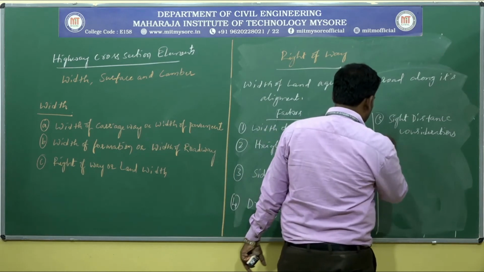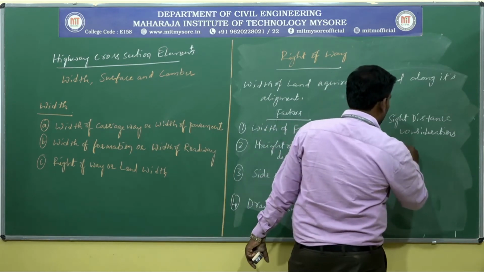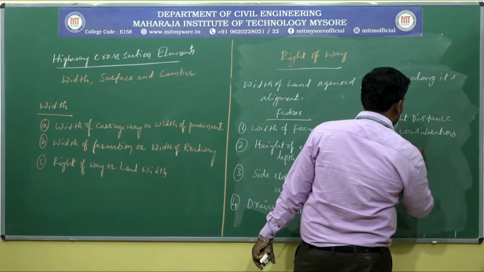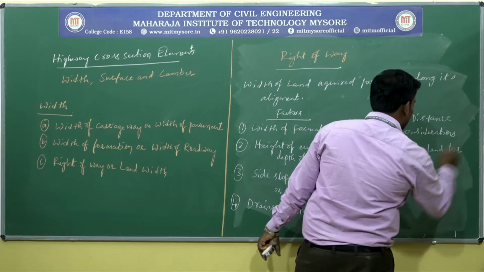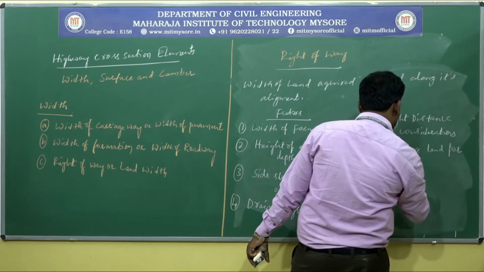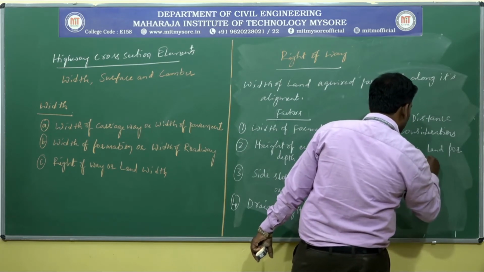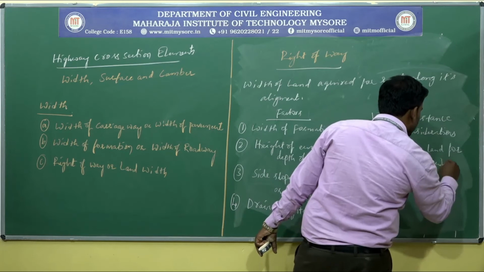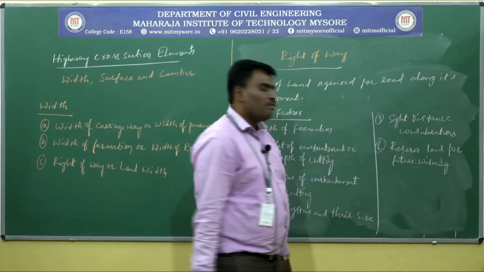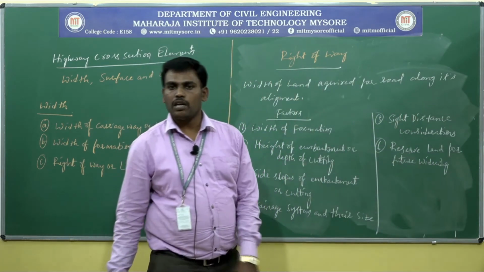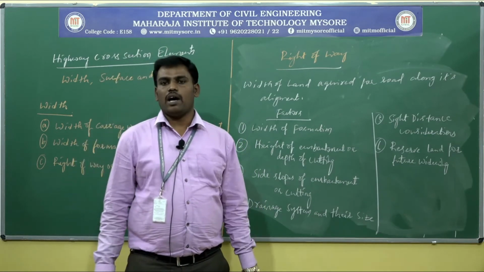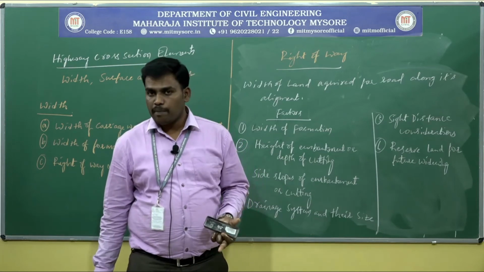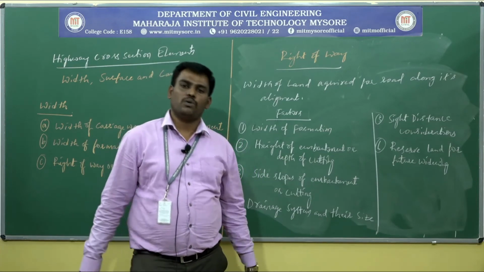And the last one, the sixth one, is reserve land for future widening. It means we have to acquire the land in advance for future development, that is widening of the road.